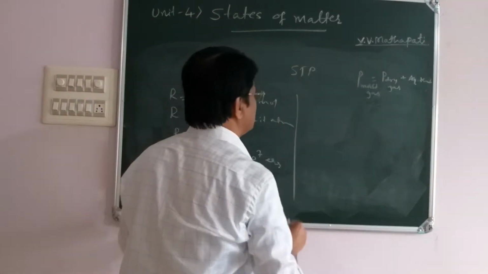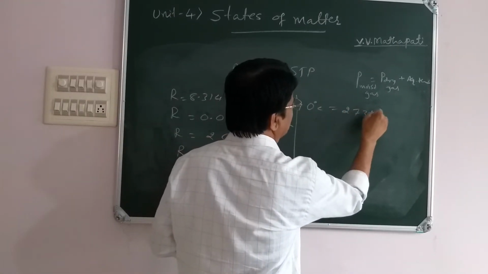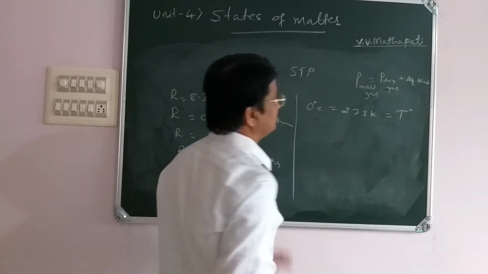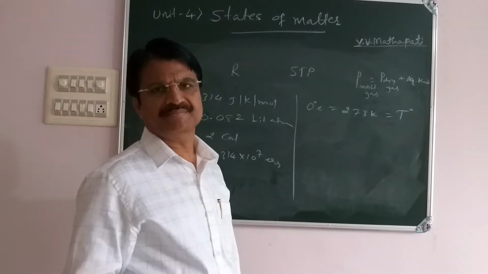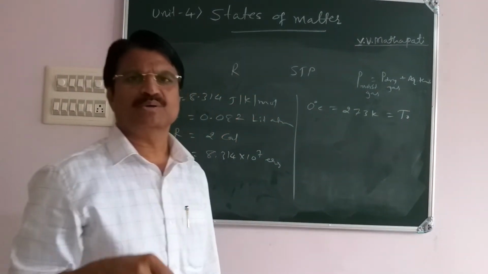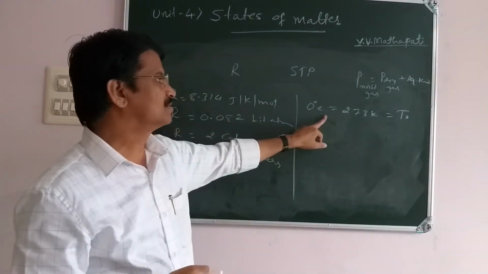Then STP conditions: in terms of temperature, 0 degree or 273 K, this is temperature T0, and P0 V0 by T0.